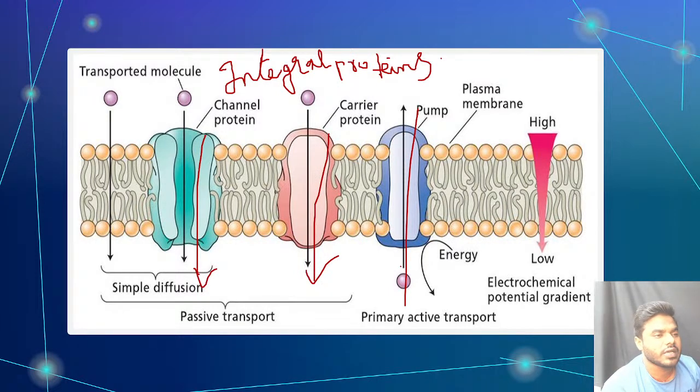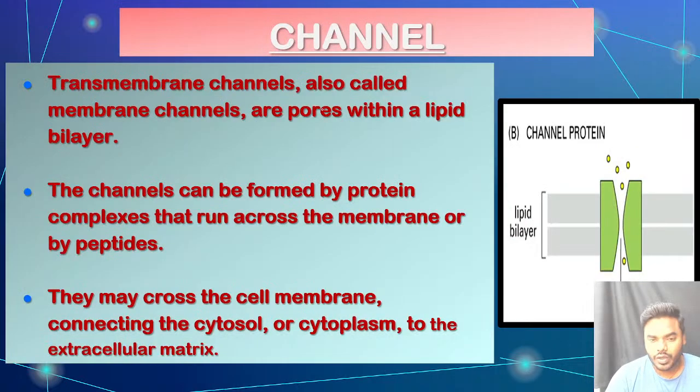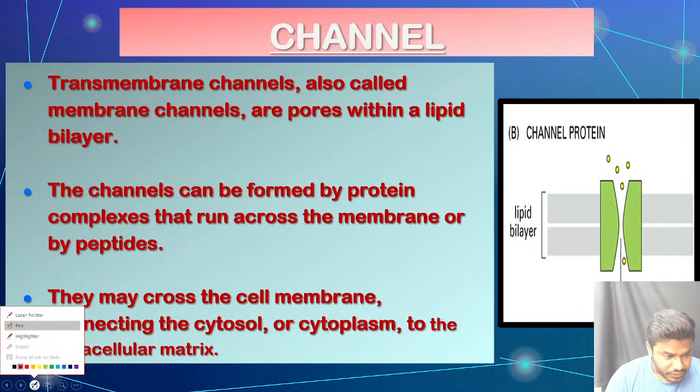That's why all the transporter proteins we generally call integral membrane proteins. Never ever forget it. We want to know what channels are, what carriers are, what pumps are, what their examples are, and how they work. Before going to xylem and phloem transport, we have to know this compulsorily. Okay, focus for 15 minutes.